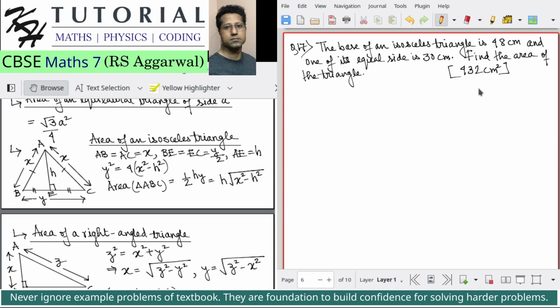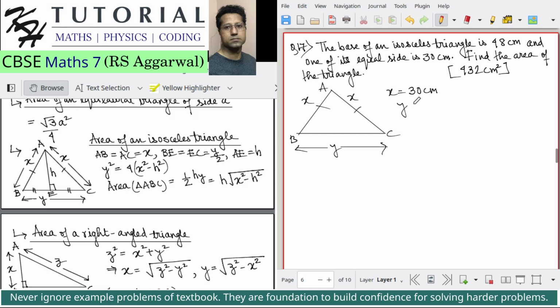So if you consider an isosceles triangle ABC where the equal sides are of length x, where x is given to be 30 centimeter, and the base of the isosceles triangle is 48 centimeter, this one let's consider as y.